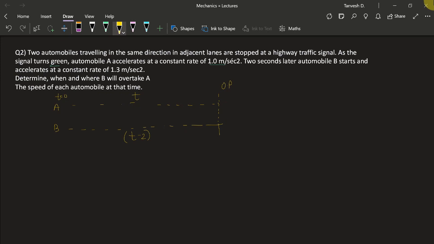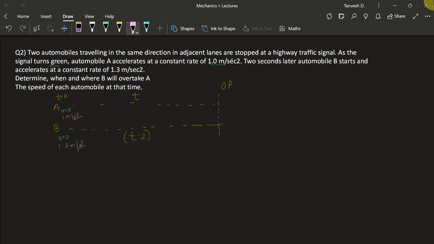Correct? Both of them have initial velocity equal to 0. So u is 0 in both the cases. Acceleration of A is 1 meter per second square, and acceleration of B is 1.3 meters per second square.